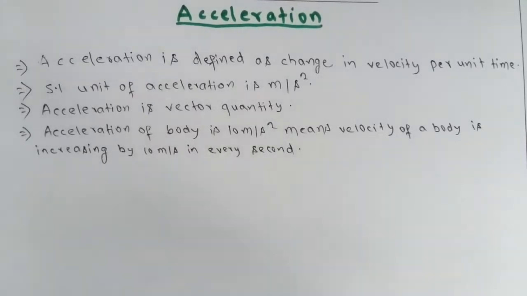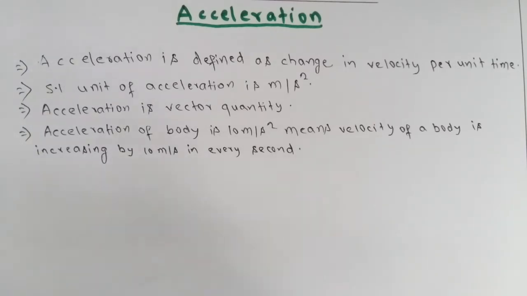So you need to understand that acceleration of 10 meter per second square means the velocity of that body is increasing by 10 meters per second in every second. Similarly, if the acceleration of a body is 5 meter per second square, the velocity is increasing by 5 meter per second in every second. This is very important, you have to understand this.